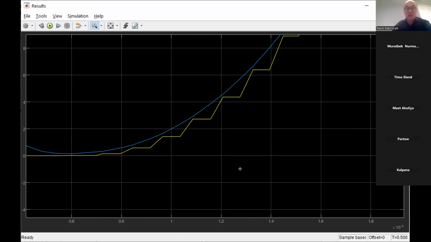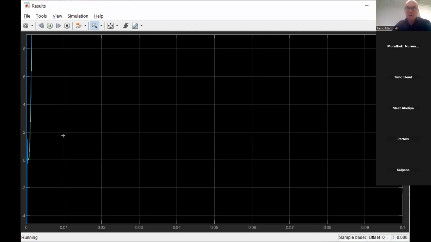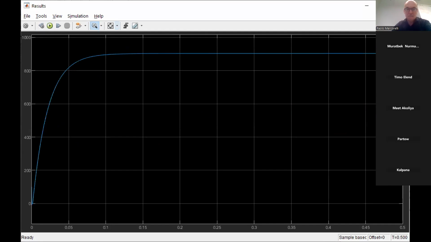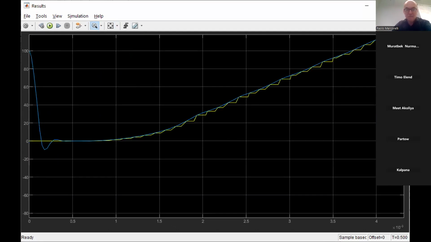Of course, if I increase Q, I will increase the input. I increase Q now. Let me show you. It should improve the error. Improve, I mean reduce. Yeah, we can see. We have an overshoot. We can see the differences.